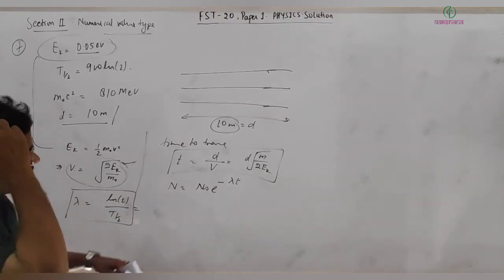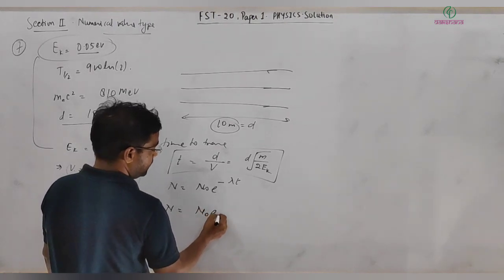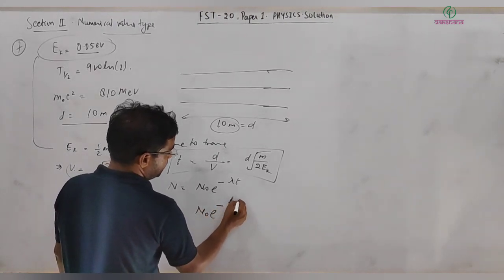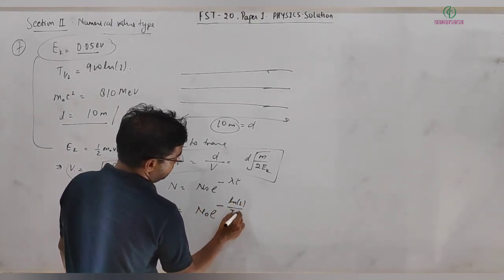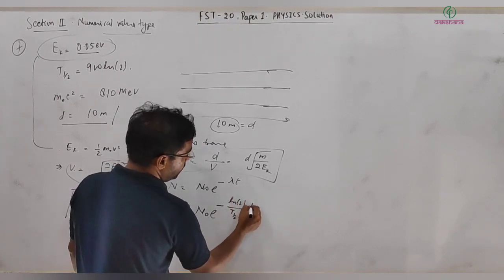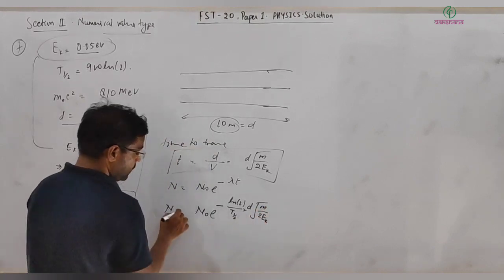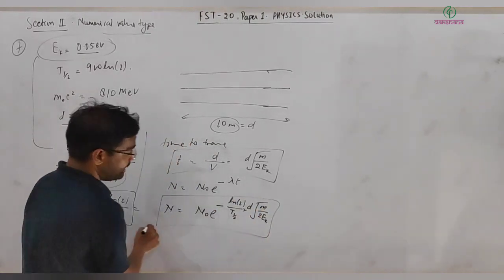Then I can substitute it here. So this comes out to be N is equal to N naught e raised to power minus ln 2 divided by T half multiplied by T, where T is equal to D under root M divided by 2EK. This is the number of nuclei left.